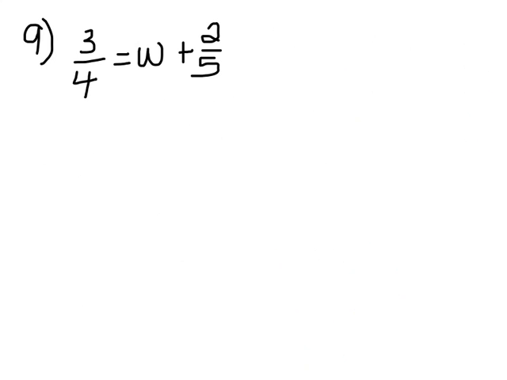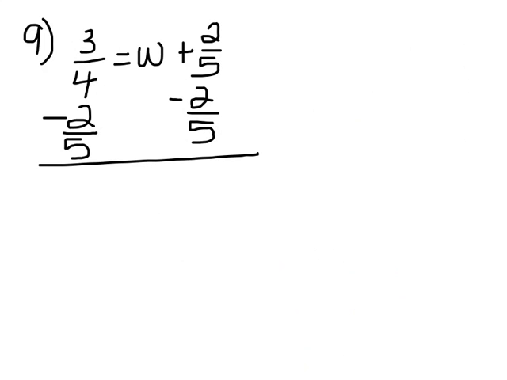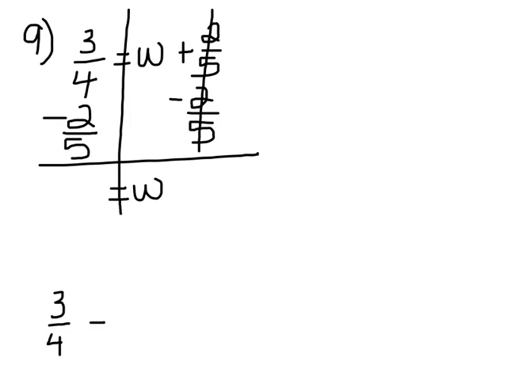In example 9, we have 3/4 equals w plus 2/5. We'll be isolating our variable of w right here by subtracting 2/5 on both sides. Minus 2/5, minus 2/5. Positive 2/5 and a negative 2/5 cross off, and we're left with w equals, and now we have 3/4 minus 2/5.